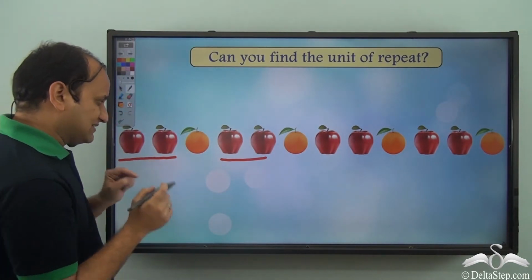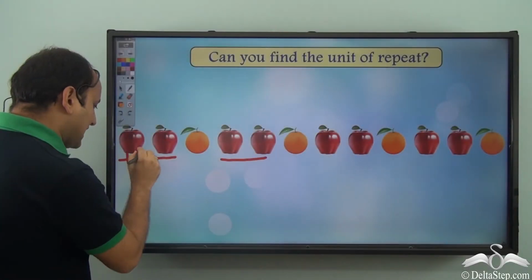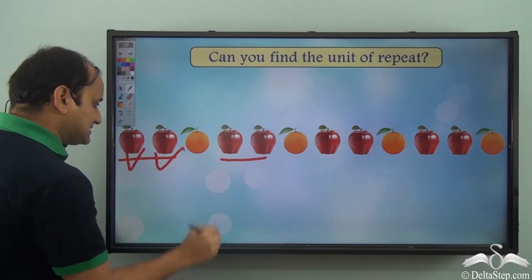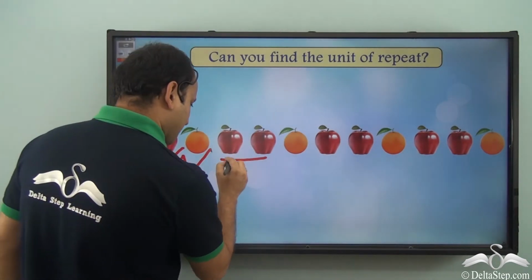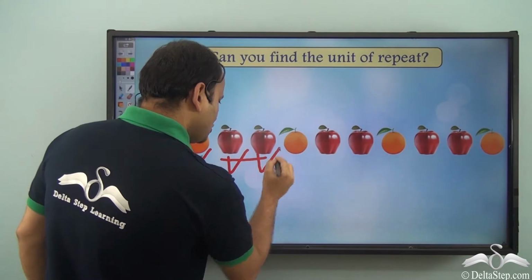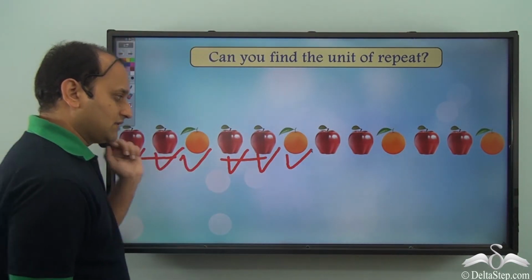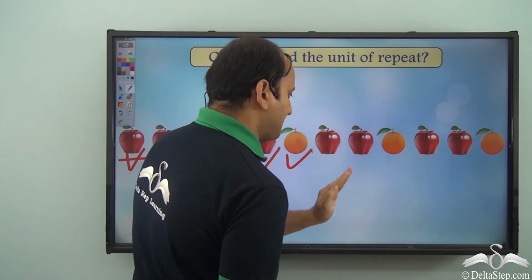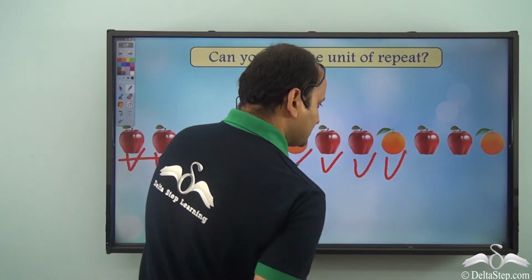Well, if you look closely, you will see that we have one apple, two apples, then one orange. Again we have one apple, two apples, then an orange. And now I think you can see the pattern. One apple, two apples, one orange.